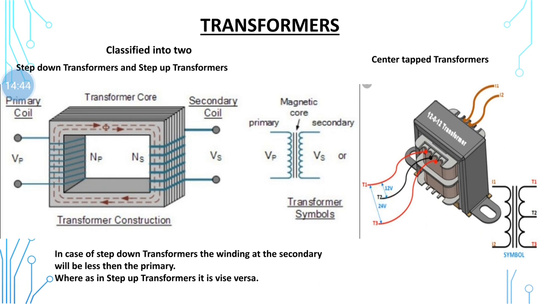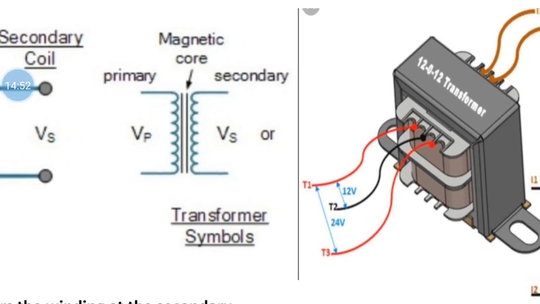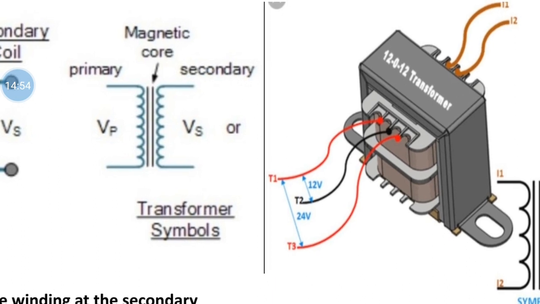If you use T1 and T2, you get a voltage of 12 volts, and if you use T2 and T3, you get a voltage of 12 volts.